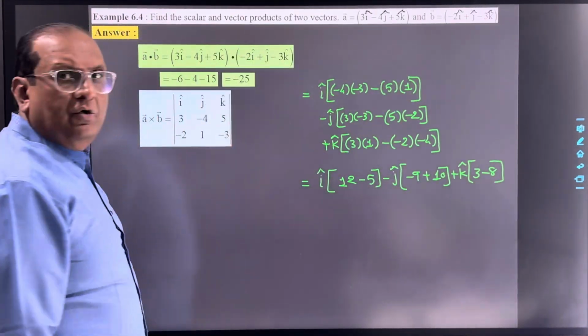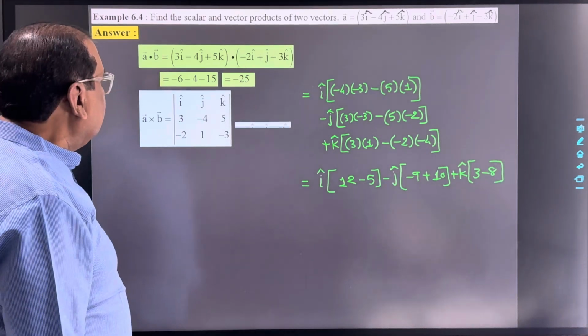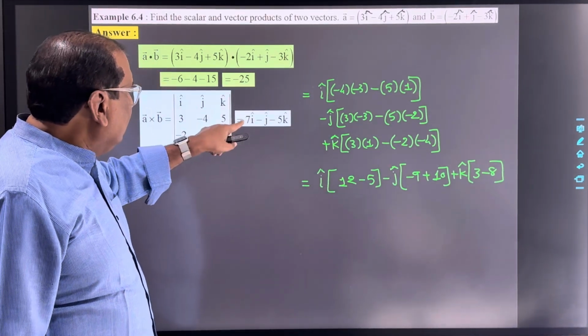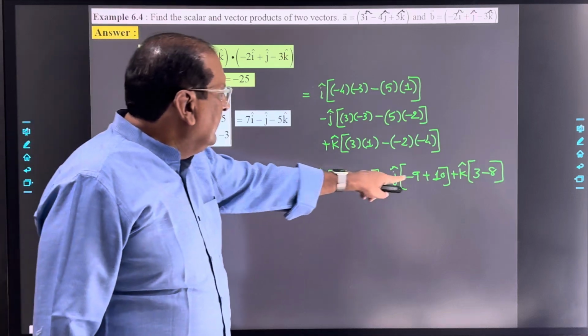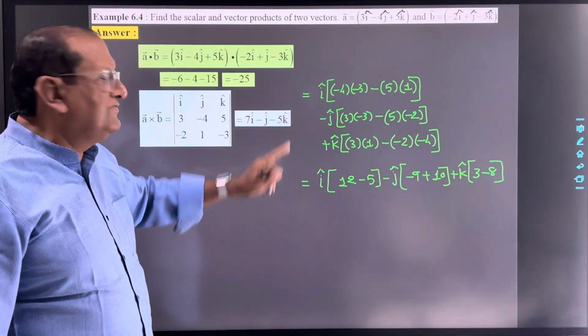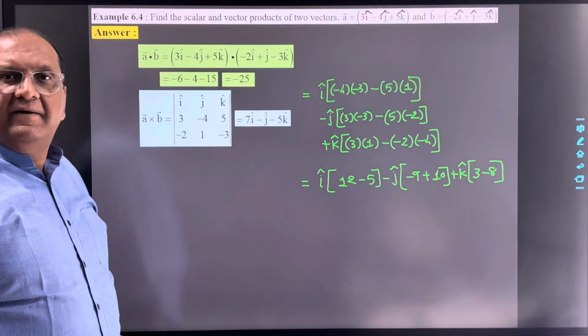Clear? So finally you will get the result: plus 7i caret, minus j caret, and minus 5k caret.